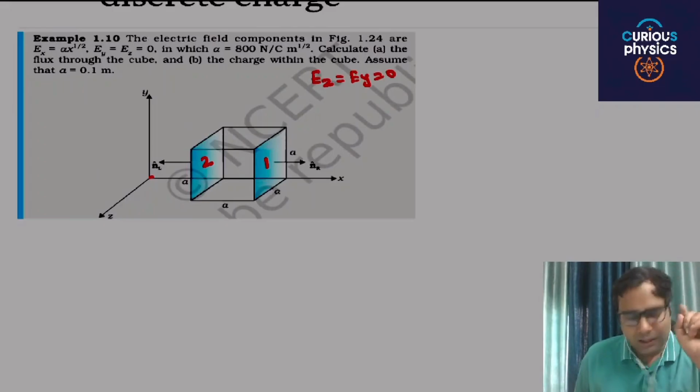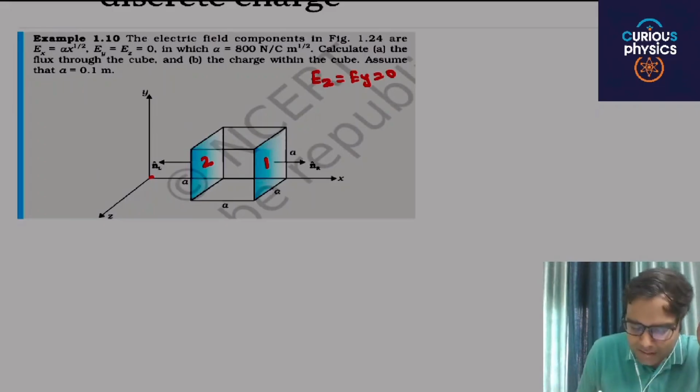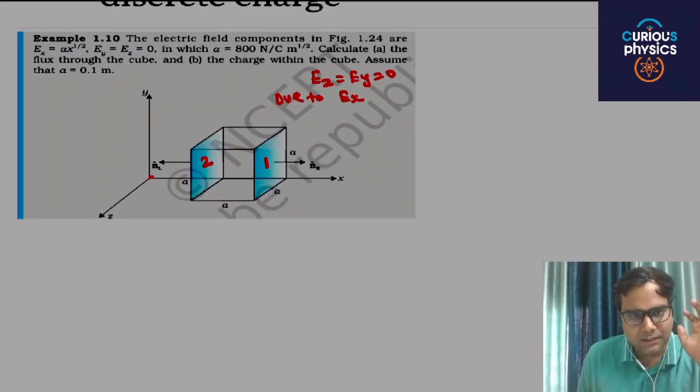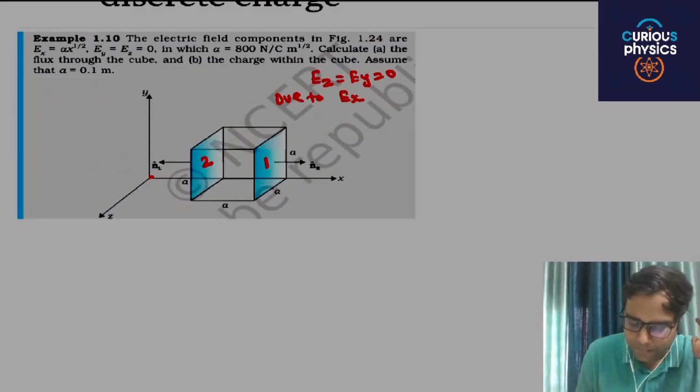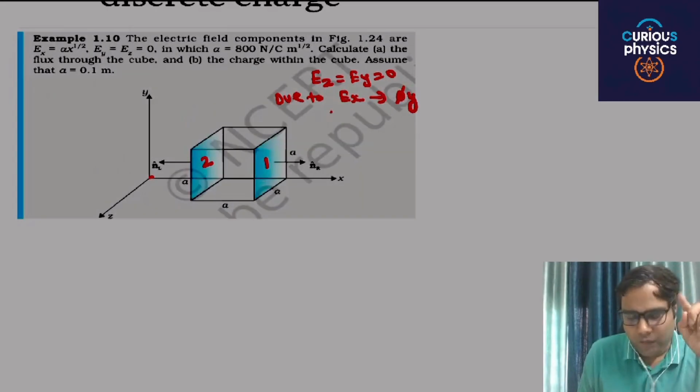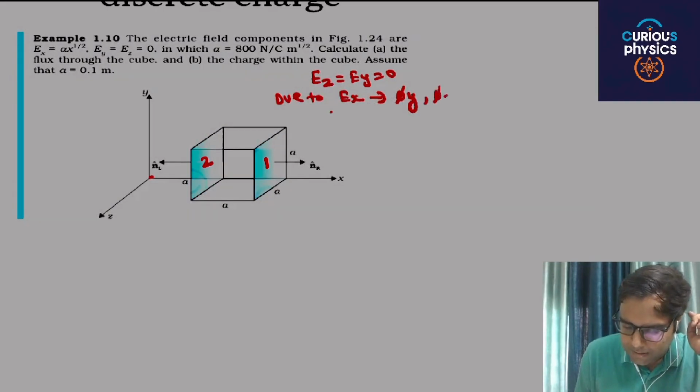So due to the electric field along the x direction, the flux through the faces along y and z is equal to 0. Why?